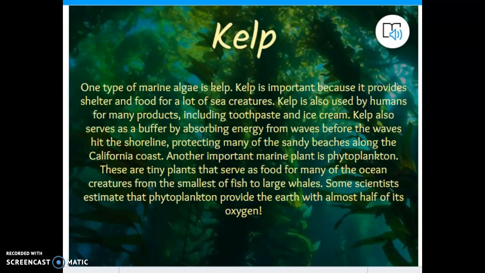These phytoplankton are just as important as algae because scientists have estimated that phytoplankton provide Earth with half of its oxygen. I just want you to imagine that half of the oxygen on Earth, according to scientists, has been provided by phytoplankton. So we can tell that they are extremely, extremely important.